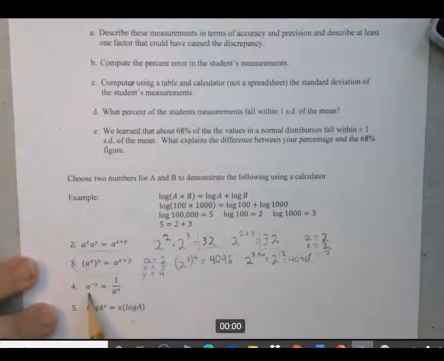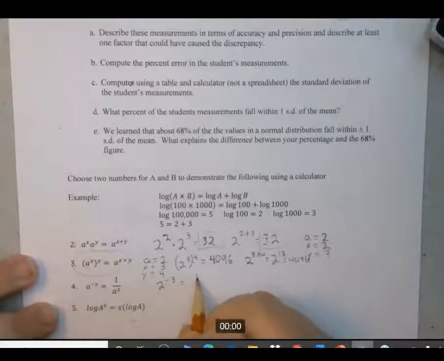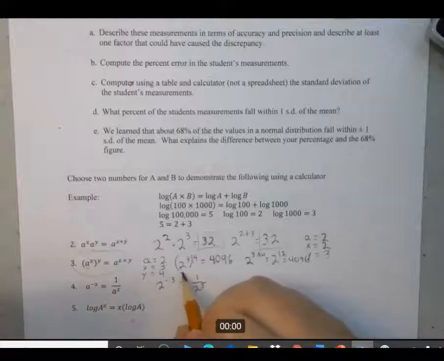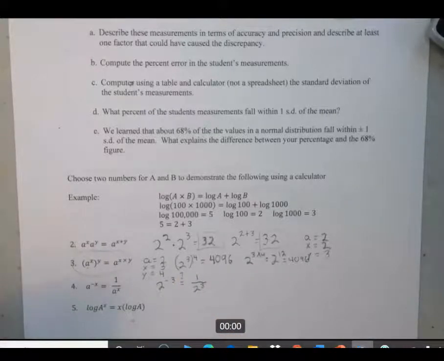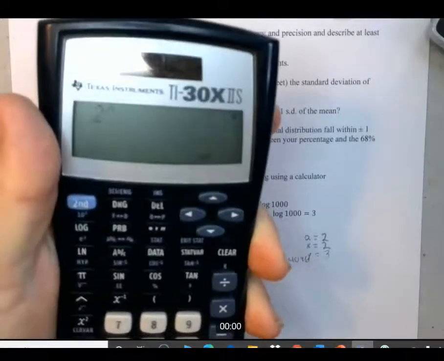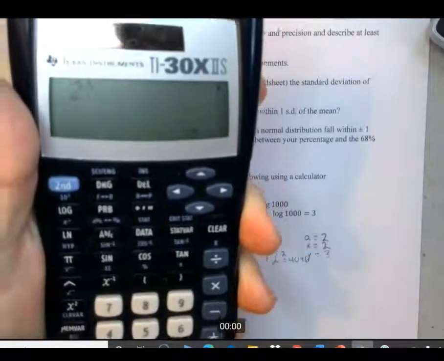Okay, a to the minus x equals 1 over a to the x. That's just a general principle you should remember. So what it's saying is 2 to the minus 3 equals 1 over 2 to the 3rd. So let's see if that's true. Put a little question mark because we're asking the question, is that true? Okay, so here we go on the calculator. 2 caret, minus sign is this one down here, not that, it's the negative sign rather, not the minus sign.